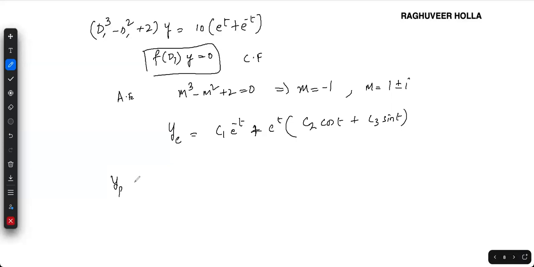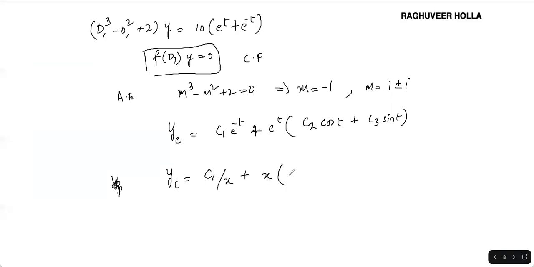We can write this further in terms of x. e to the power of minus t is 1/x, so c1 by x, and e to the power of t is x.